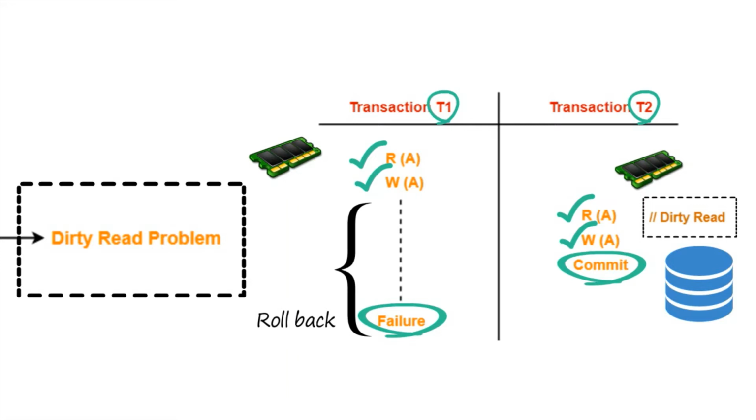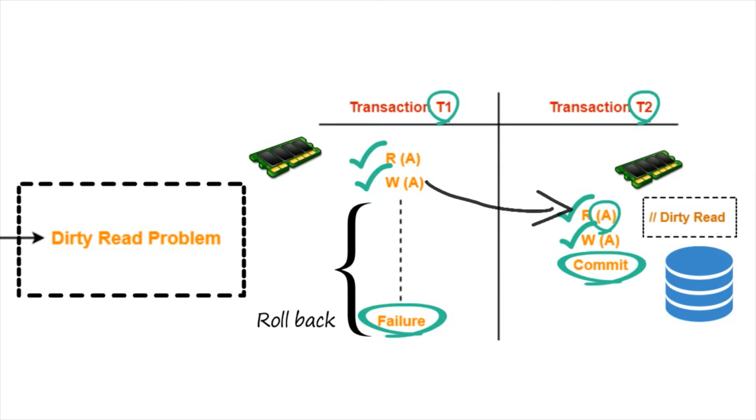So as a result, what will happen? This transaction fails and whatever changes are made by this transaction are undone. So there is no significance of this value A, because T2 is expected to read the value of A which is written by the transaction T1.